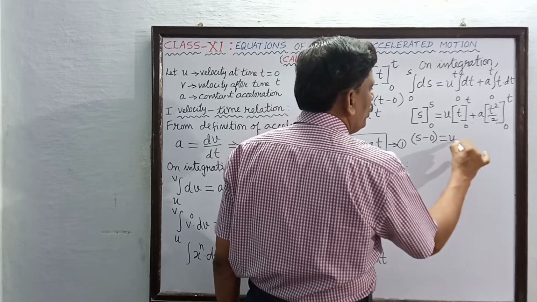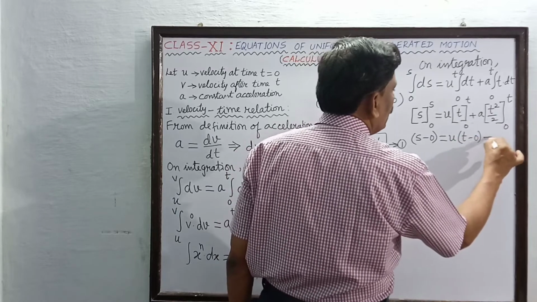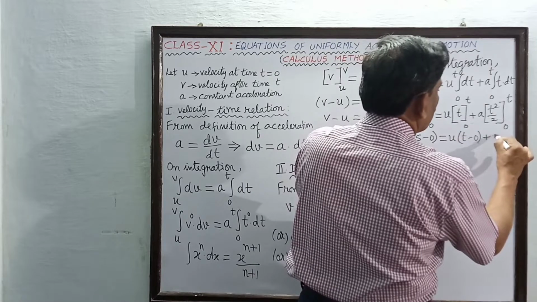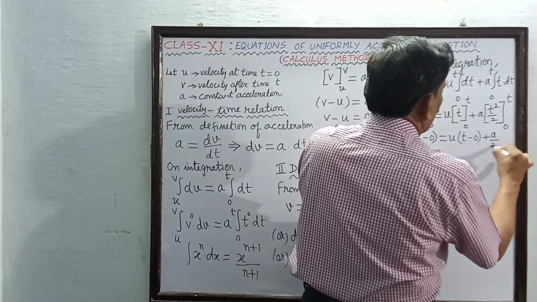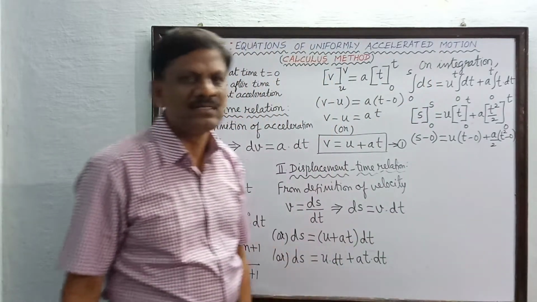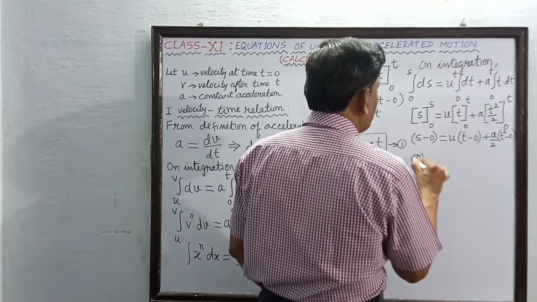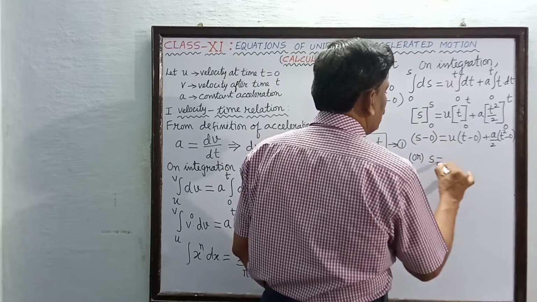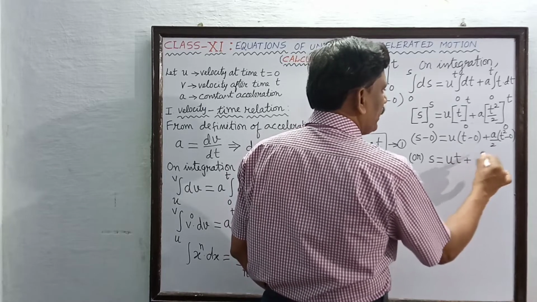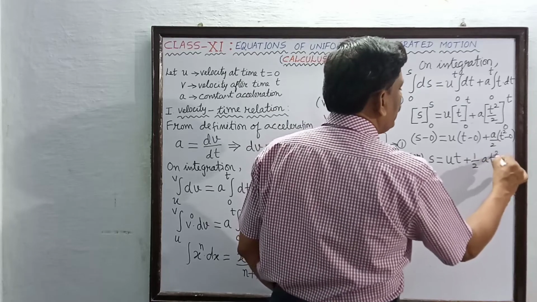This is equal to u into upper limit minus lower limit, that is t minus 0, plus here a by 2 is there, is it not? So this is a by 2 into t square minus 0. So s minus 0 is equal to s, equal to u into t minus 0, which is u into t, plus a by 2 into t square, which is nothing but half a t square.